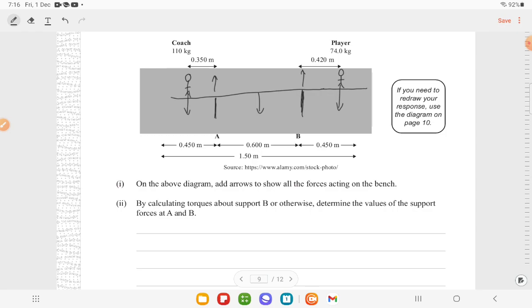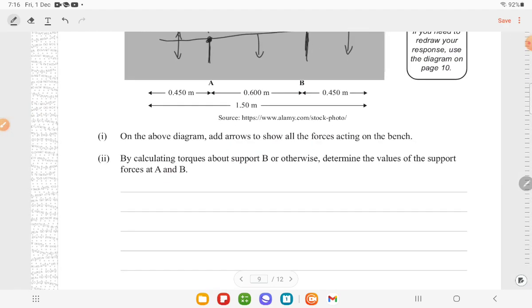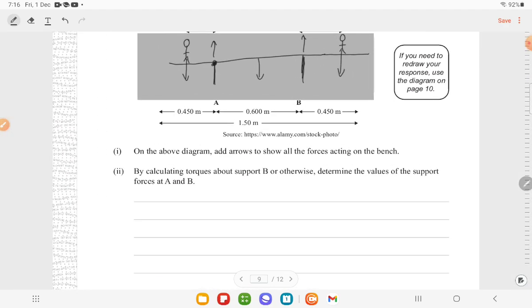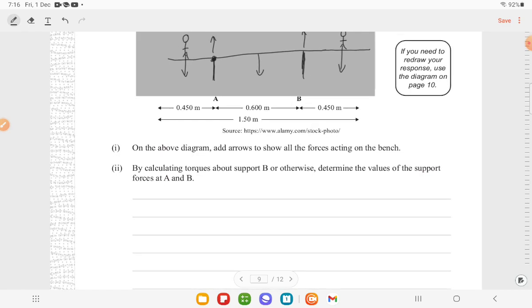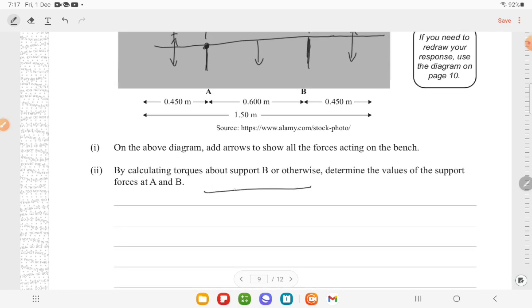From my notes, I decided to do it the other way. You can do either way, but I let A be the origin. Basically, if we ignore B and only have this, the torque will go this way, so support B is supporting anti-clockwise.